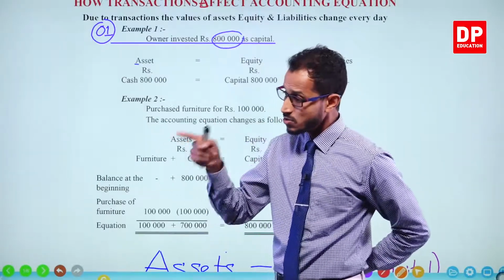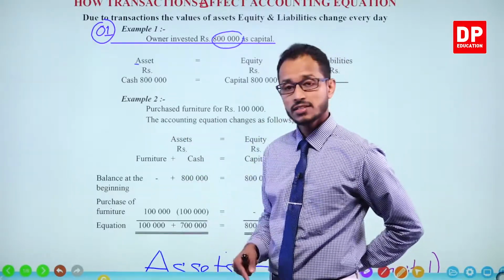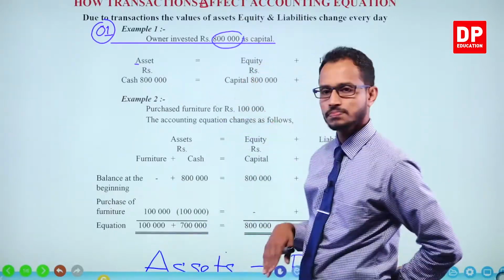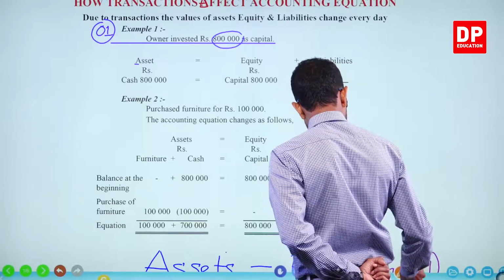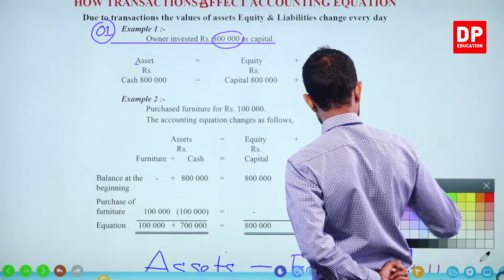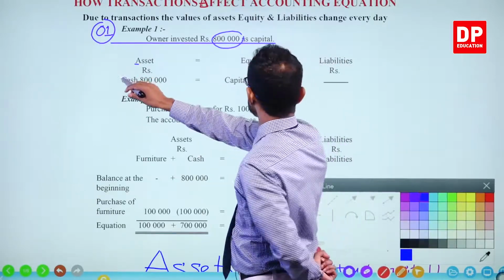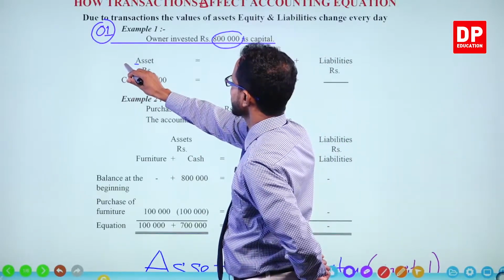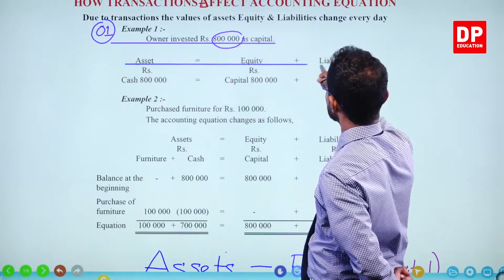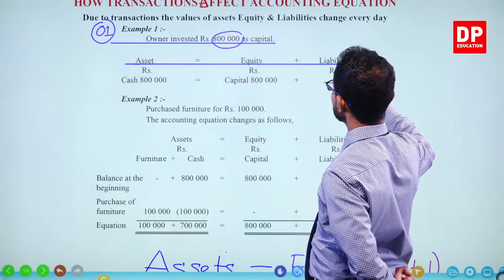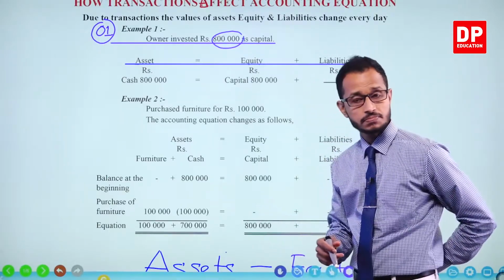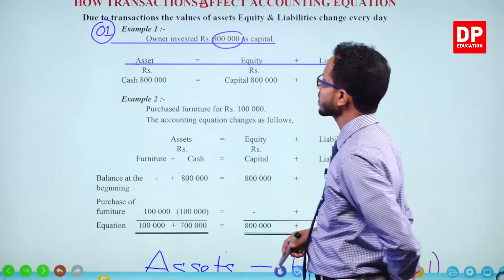How does that transaction affect the accounting equation? Let's see. This is the accounting equation, children. I'm going to underline the accounting equation now. Assets equals equity plus liabilities. Accounting equation.